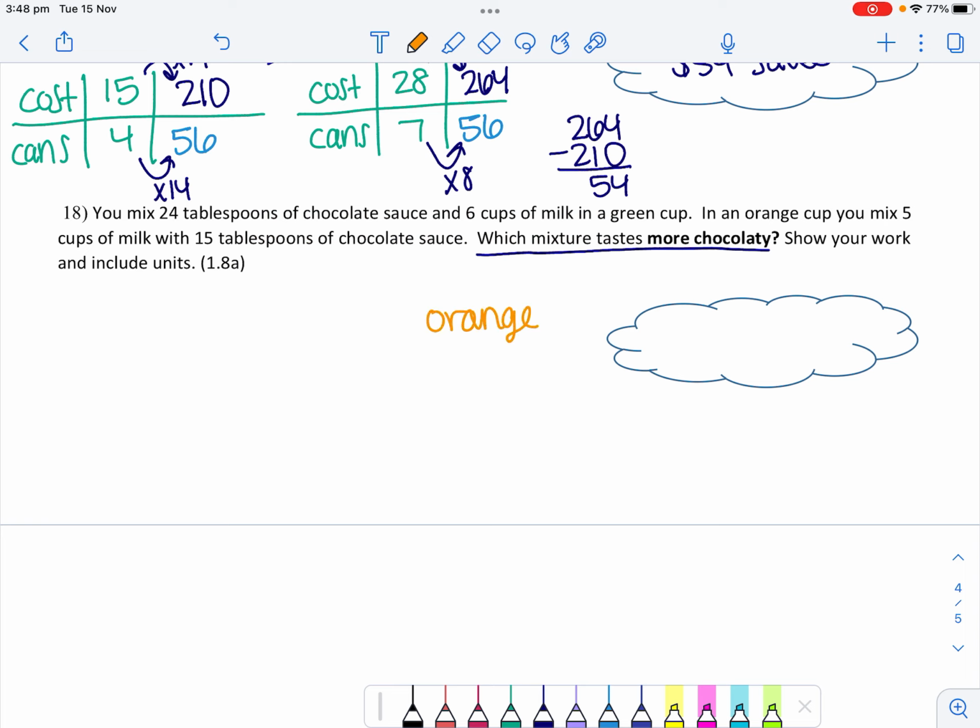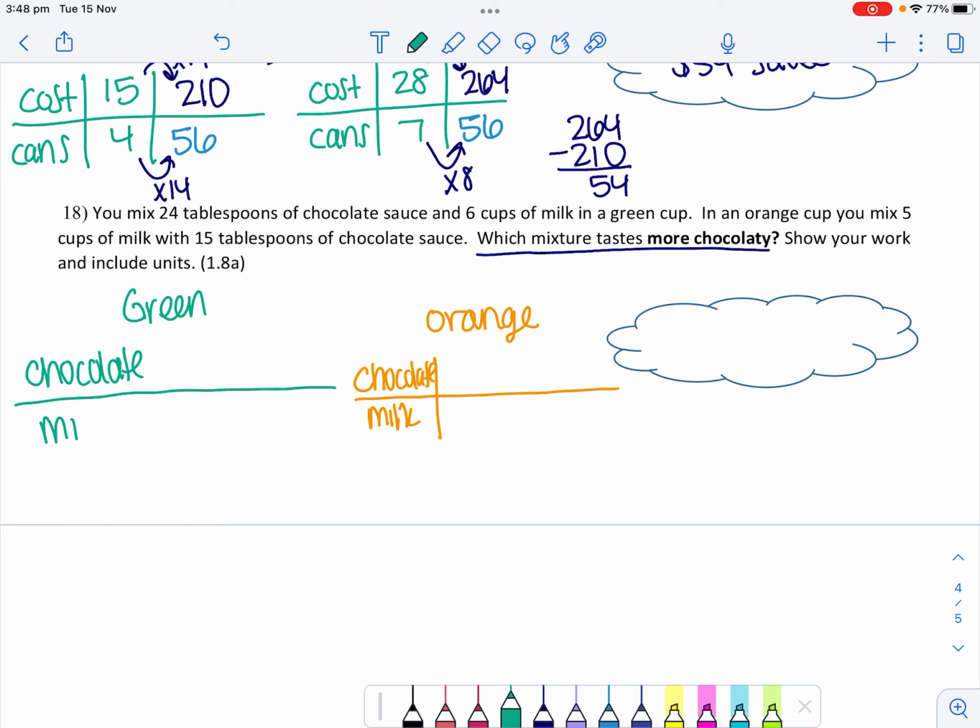So I've got an orange cup that's got chocolate and milk, and a green cup that's got chocolate and milk. So in the green cup, I've got 24 tablespoons of chocolate and 6 cups of milk. In the orange cup, I've got 5 cups of milk and 15 tablespoons of chocolate sauce.